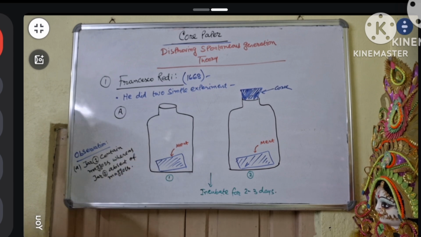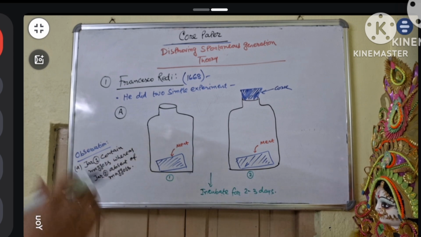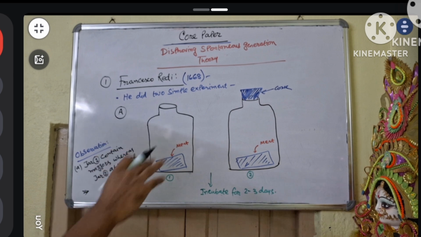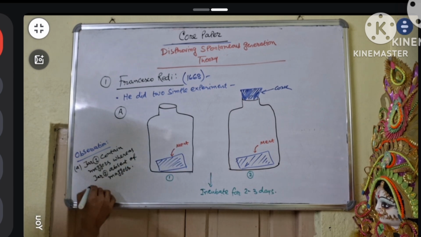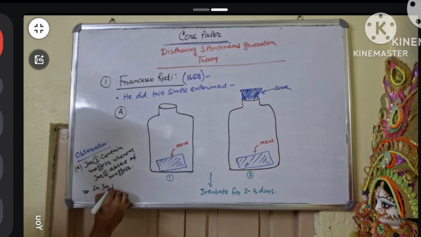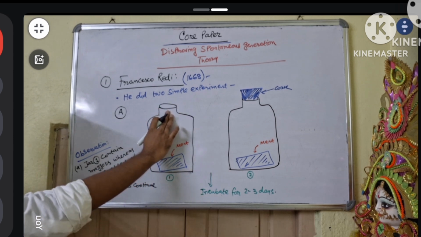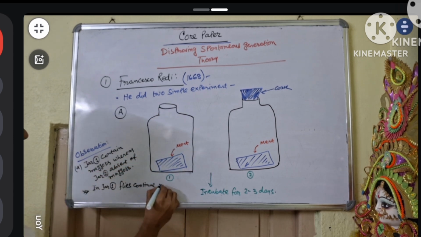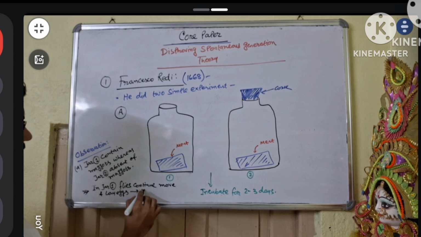And he stated for this observation that in the case of jar number 1, flies can easily go in and out, but in jar number 2 they cannot enter. That's why no eggs can be laid and no maggots are there. So he stated that in jar 1, flies continued to move because the mouth remained open, and they laid eggs. From those eggs, maggots appeared.